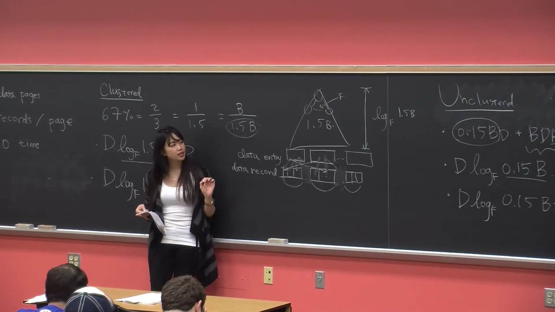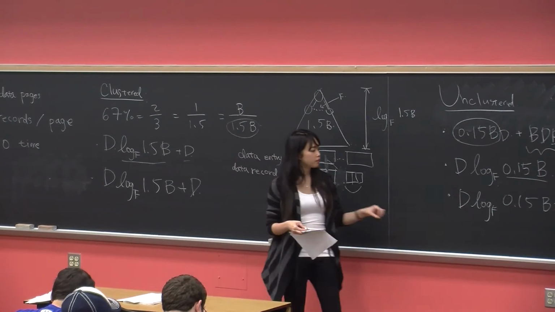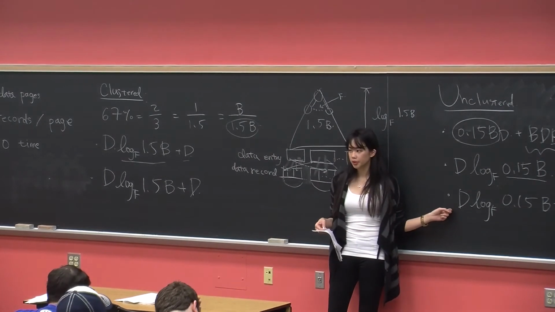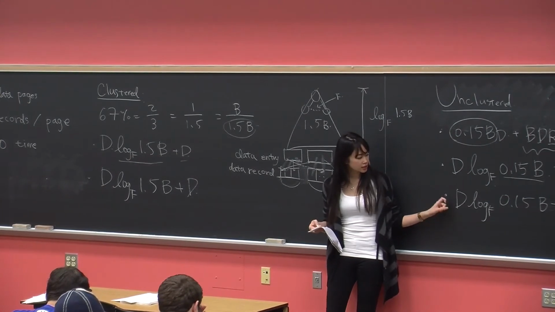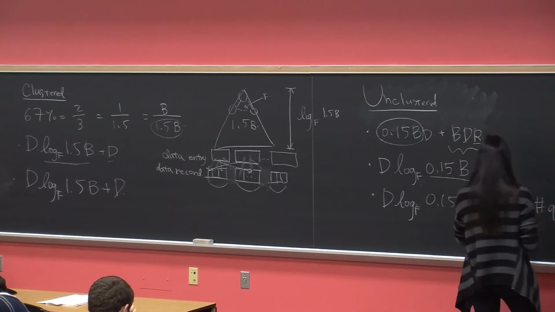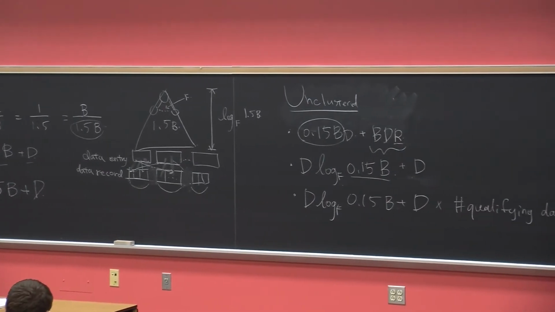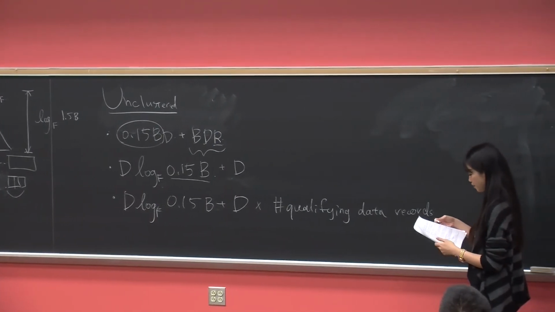So the range select in unclustered is exactly the same as when it matches multiple records. The cost is the first searching cost plus the number of qualifying data records times 2. It's the same.